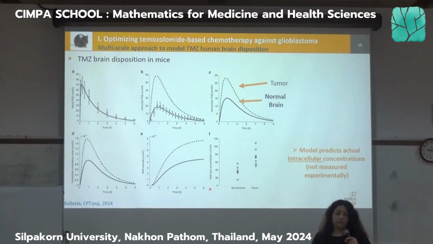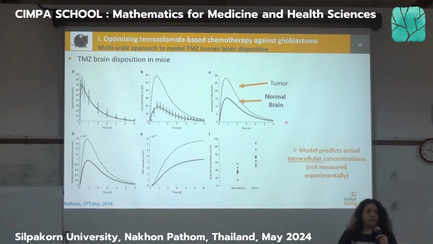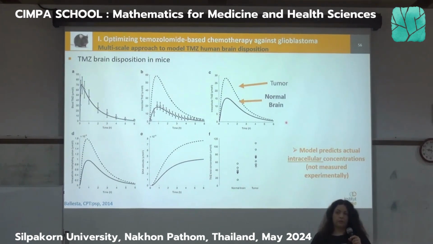And this is where the modeling is interesting. Now you can separate between the interstitial fluid and the intracellular compartment, because now you do have model predictions for the intracellular compartment, and those data are almost impossible to get. So this is one advantage of using modeling, and this is very important.